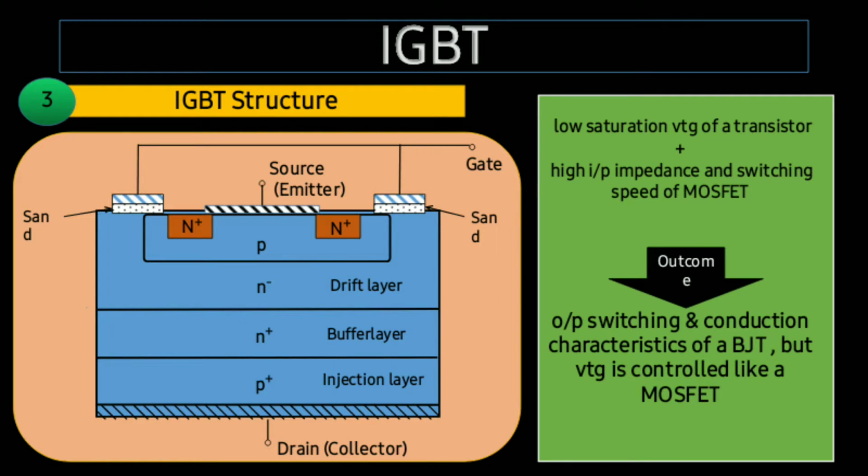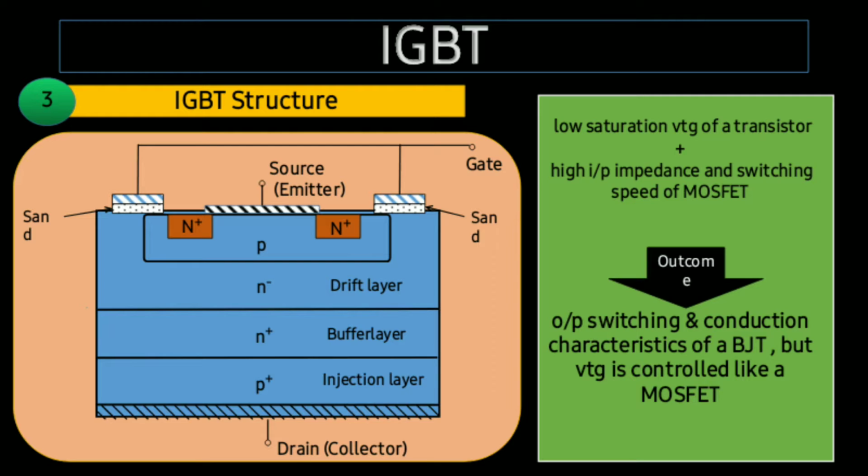The IGBT combines the low saturation voltage of a transistor with the high input impedance and switching speed of a MOSFET. The output obtained from this combination delivers the switching and conduction characteristics of a bipolar transistor, but the voltage is controlled like a MOSFET.